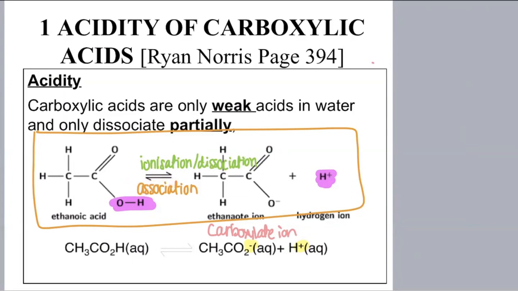The third one is the strength of this OH bond. If this OH bond is weak, it is easy to break the OH bond and you release more H plus. If this OH bond is strong, it is not as easy to break and you release less H plus. I hope you can relate more hydrogen ions with being more acidic, less hydrogen ions with being less acidic.